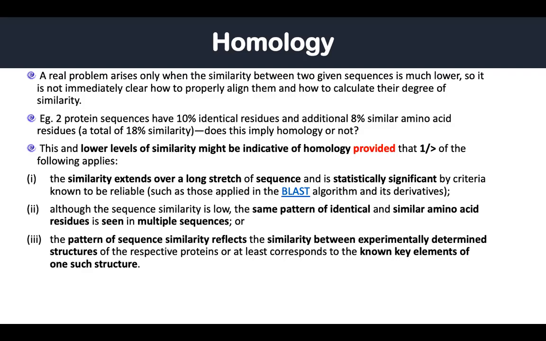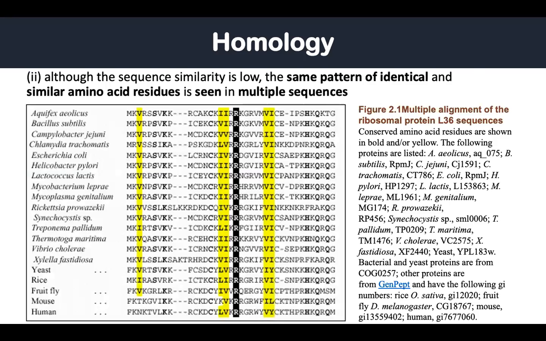Even if it's a very low similarity level, like 18% or 20%, but you see the similarity mostly in the domains, then the proteins most likely are going to function the same way, right?